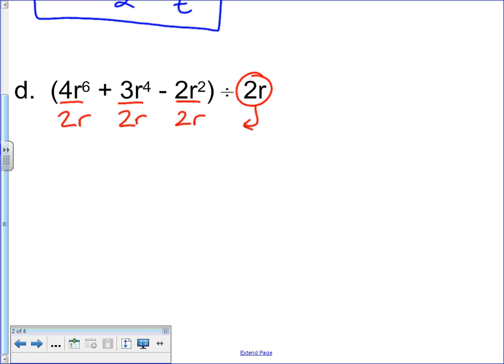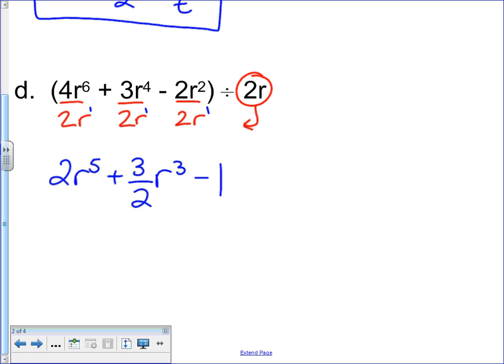Okay, so 4 divided by 2 is 2. Take 1 away from 6, I have r to the 5th. 3 over 2, 2 does not divide into 3, so leave the fraction. Take 1r away from 4 is r cubed. Negative 2 divided by 2 is negative 1.